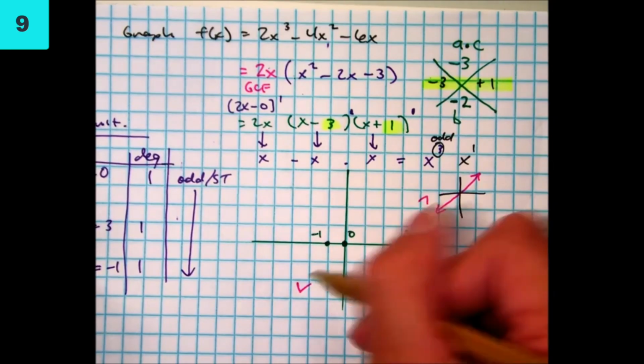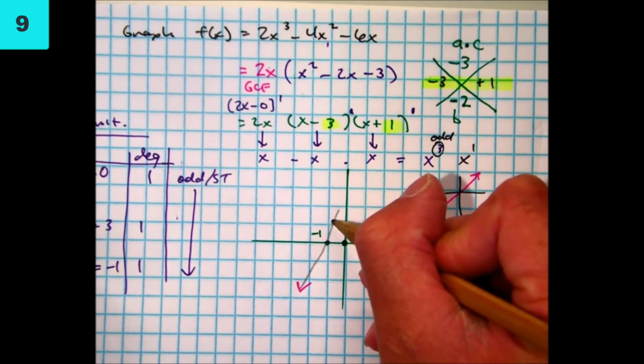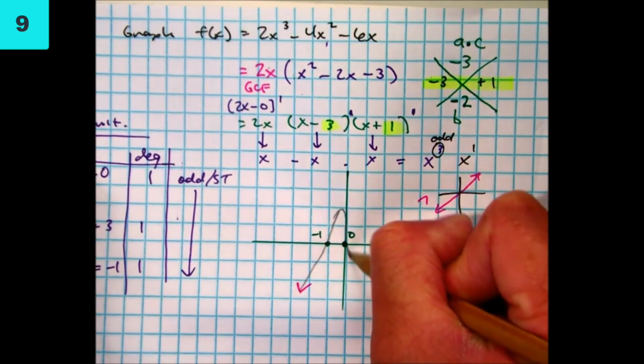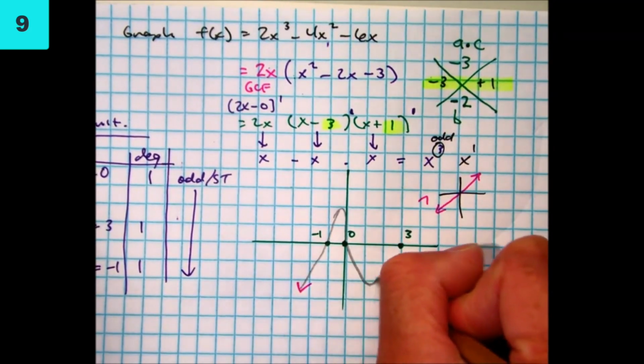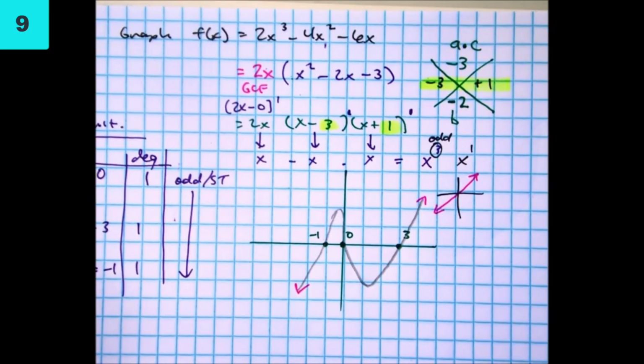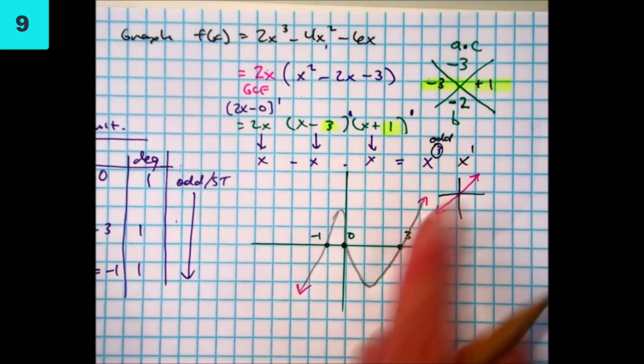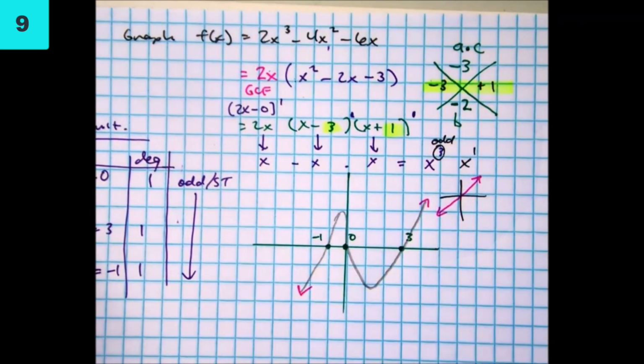Going through negative 1, it's odd, so I'm going to have to shoot through that. Then through 0, shoot through again, and then through 3, shoot through again, and end through our arrow. So our end behavior starts down, ends up. On the left side down, and then the right side up.